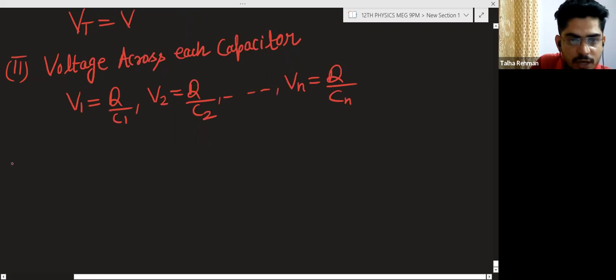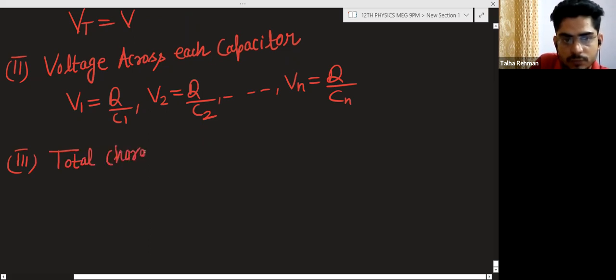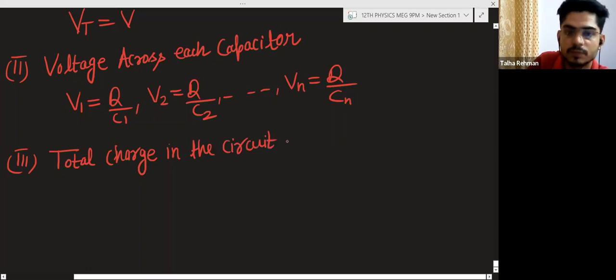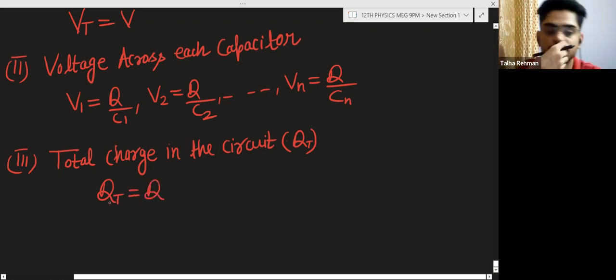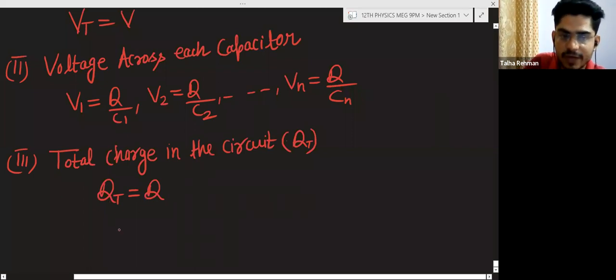Now, total charge in the circuit. I am representing it with Q, this I am representing it QT. So QT is equal to Q. If you want to calculate total charge, how will you calculate it?